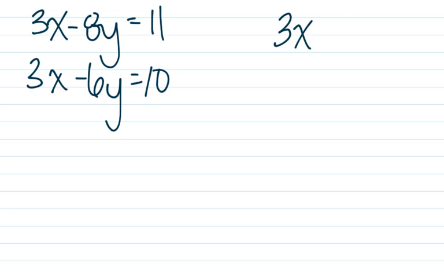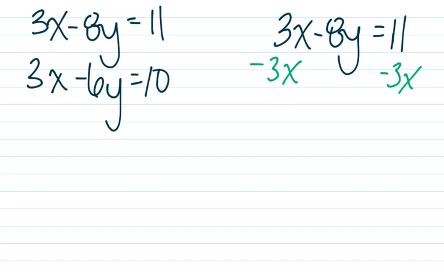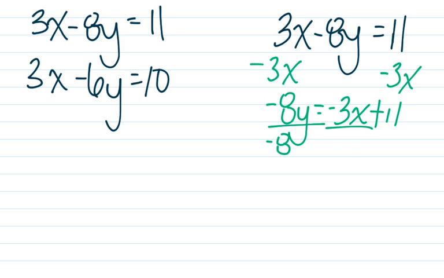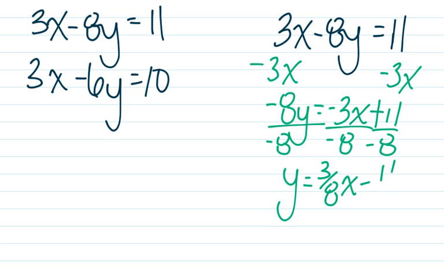So I have 3x minus 8y equals 11, and I'm going to solve that one. So I'm going to subtract 3x from both sides. I get negative 8y equals negative 3x plus 11. And then, of course, I'm going to divide by negative 8. So I get y equals 3/8 x minus 11 over 8.